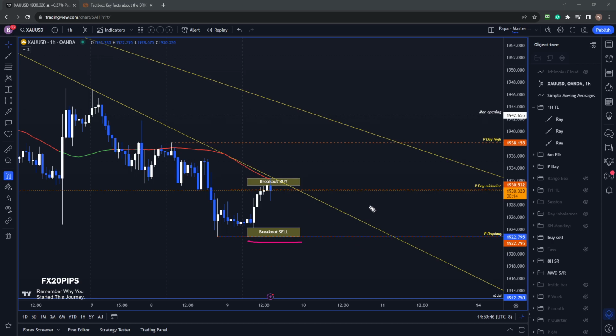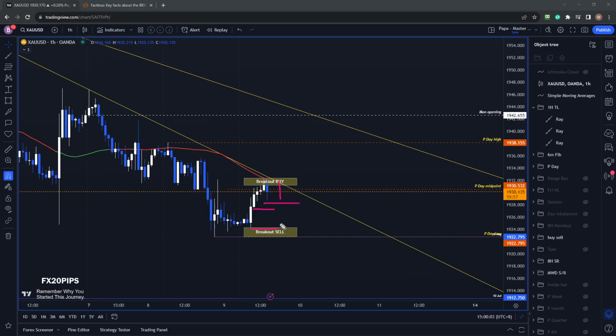If you were to buy, that's my advice. You can put it here also, but gold is very good at taking out stop loss, taking out your stop loss, and then it will go up.